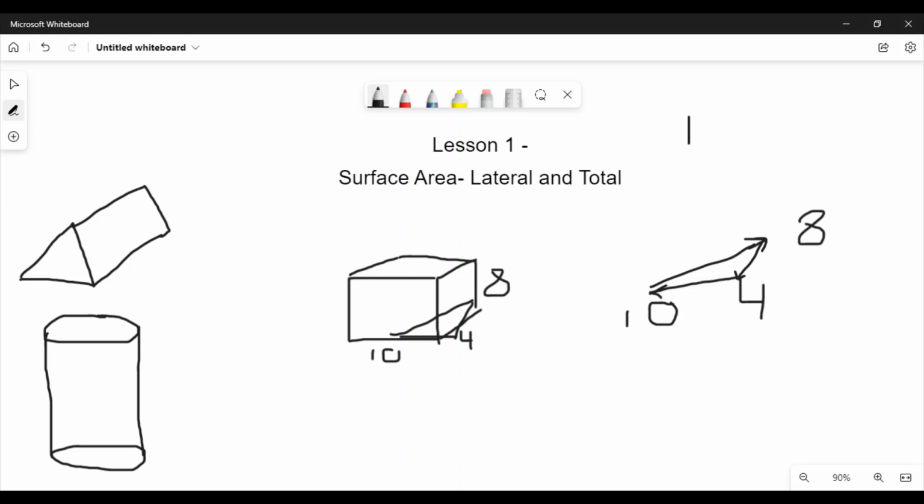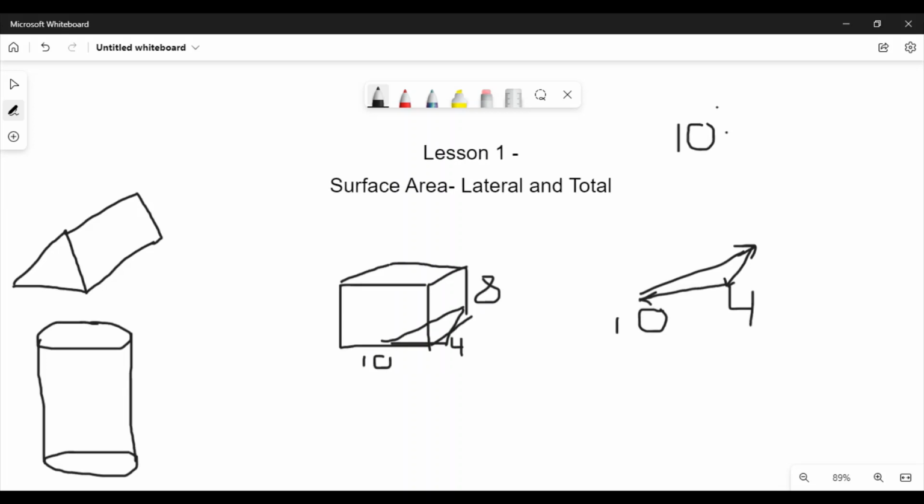So it's 10 times 8 times 2. This is because when we already multiplied 10 times 8, we have to multiply that answer by 2, because here we have the 10 times 8, which would be this part here.